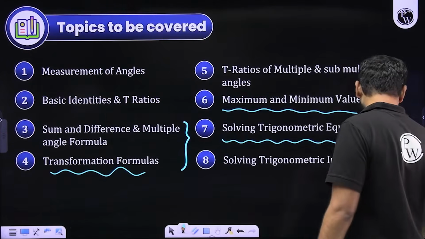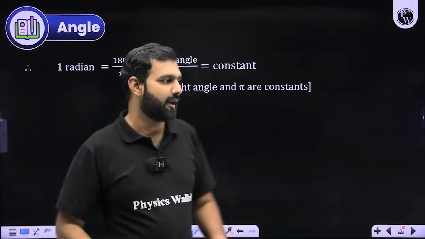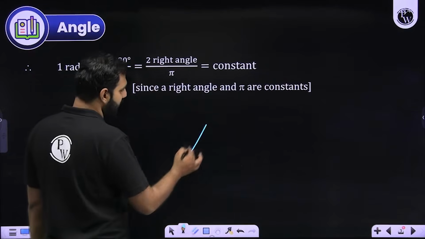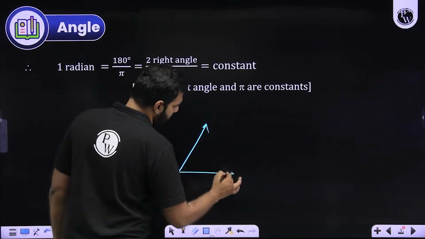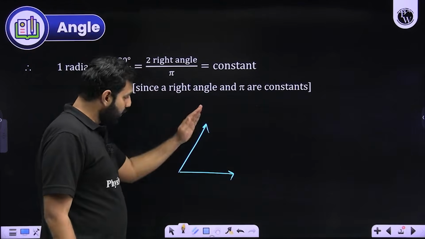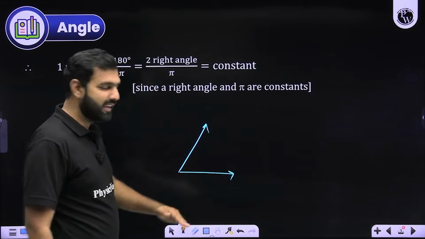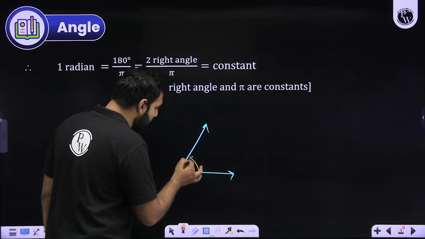Now let's get started with the basic thing. Do you understand what is an angle? For example, if I wish to measure the inclination of a line with respect to other line, at what angle is it inclined? To measure that inclination, we have introduced the term angle.